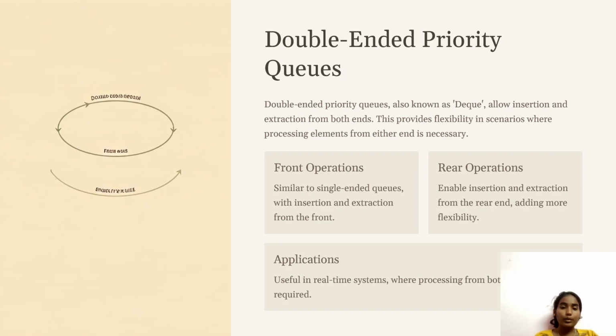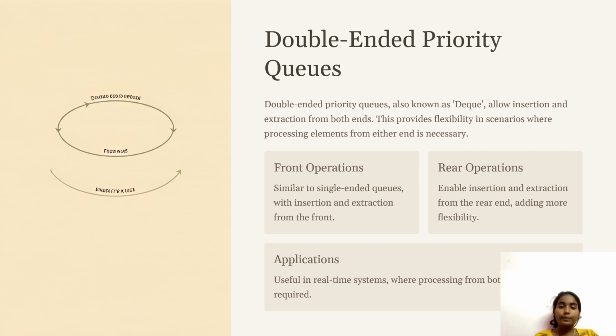Double-ended priority queues. Double-ended priority queues are also known as deque. They allow insertion and extraction from both ends, which is not possible in single-ended priority queues, and we can see in the diagram here. This provides flexibility in scenarios where processing elements from either end is necessary.